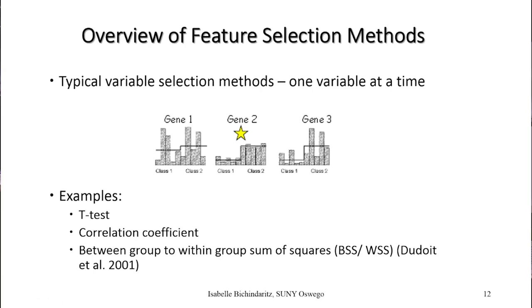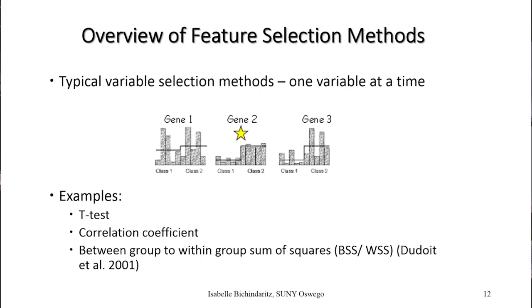To do that, we have a lot of methods available. You can calculate a t-test. It's a statistical method between the 2 classes, for example, 1 class being normal, the other being 1 type of tumor. You can also calculate a correlation coefficient to see how correlated the feature is with the diagnostic class.